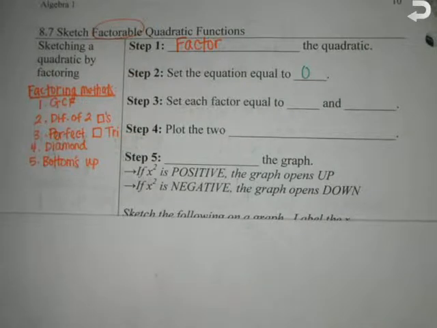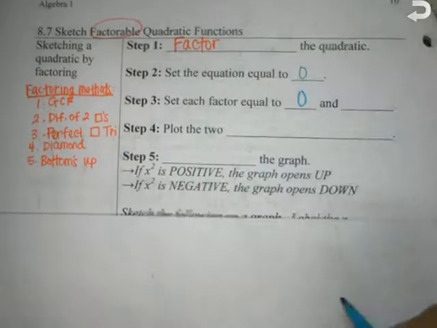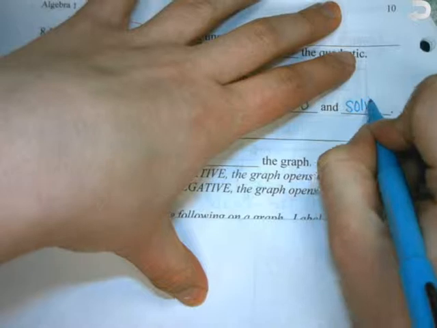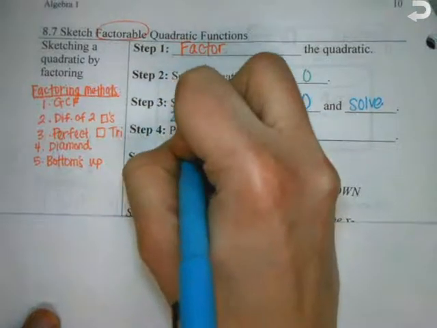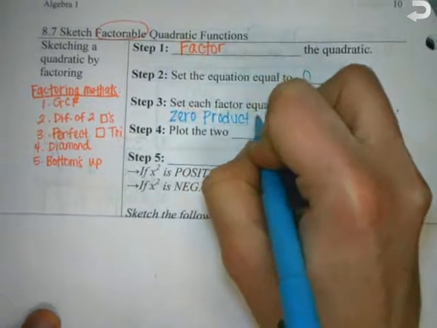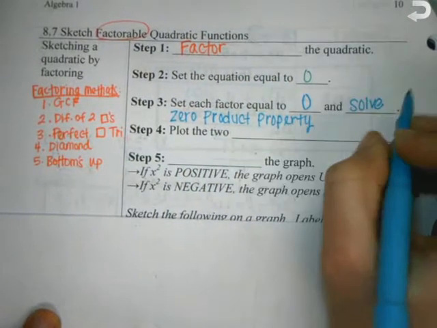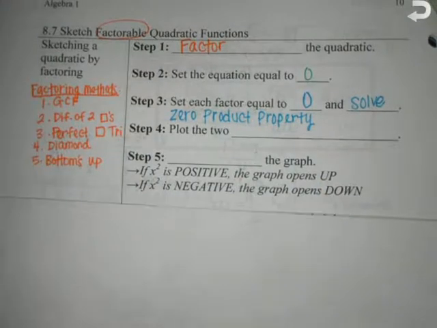We're going to set each factor equal to 0 and solve. Does anybody remember what that is called? Zero product. Good job. Good job, Alyssa. Property. Okay, so the zero product property means that all products are equal to 0 if the entire answer is equal to 0. Or each one can be 0.